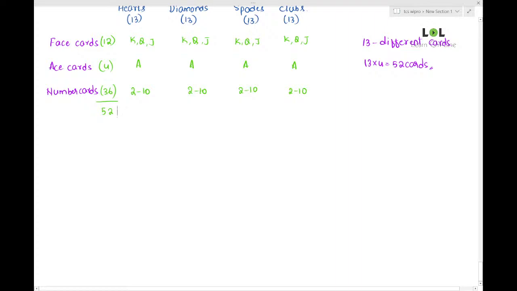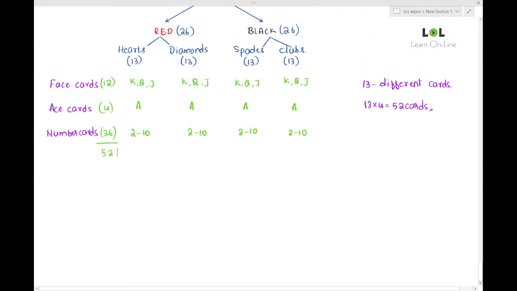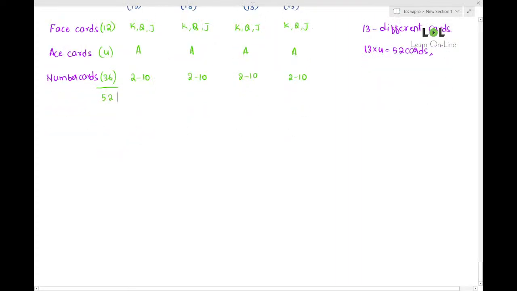Let us continue further. Suppose I ask you a question, let us start with the questions. Let us deal with picking 2 cards. Tell me, out of 52 cards, if you are picking 2 cards, what will be the total number of cases?